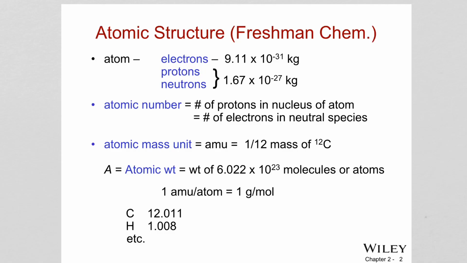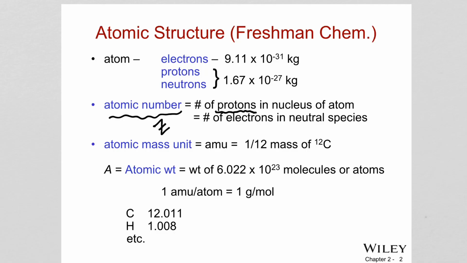So the count of protons is called the atomic number, and it is also equal to the number of electrons in neutral species. And atomic number is represented by the letter Z.